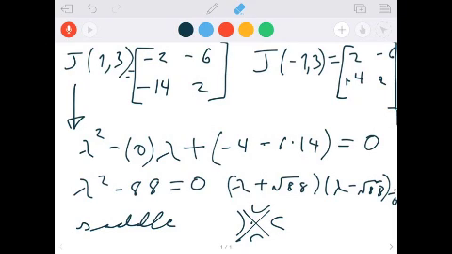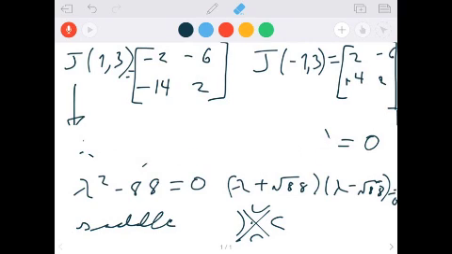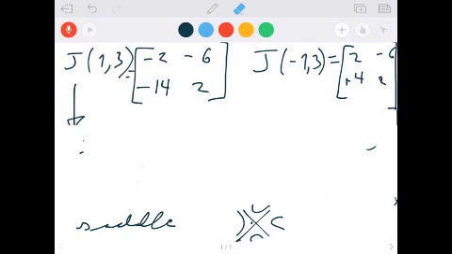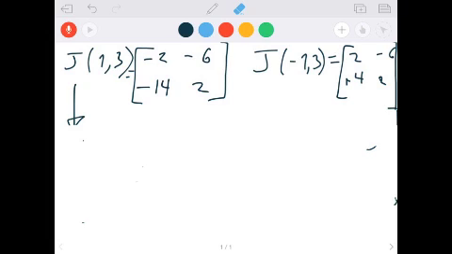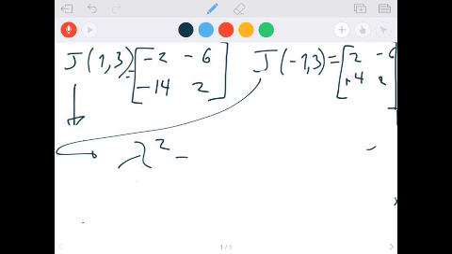Here, solving for that one, again, it'll be lambda squared minus the trace of the matrix, which in this case 2 plus 2 is 4, times lambda, and then plus the determinant of the matrix, which I think in this case is 4 plus 84, so plus 88, and that equals 0.